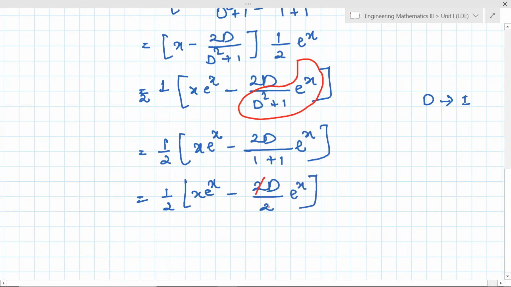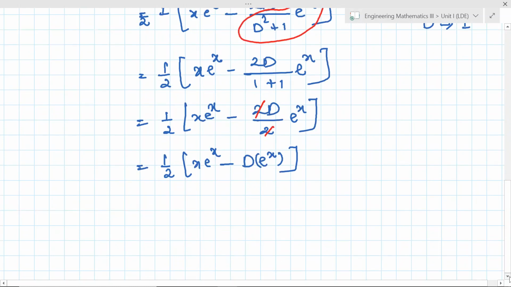Now see, this 2 gets cancelled, and we have D of e raised to x. Finally, this is 1 by 2 x e raised to x minus D of e raised to x. D of e raised to x means the derivative of e raised to x. And what is the derivative of e raised to x? It is simply e raised to x. So my yp in this case is 1 by 2 x e raised to x minus e raised to x.